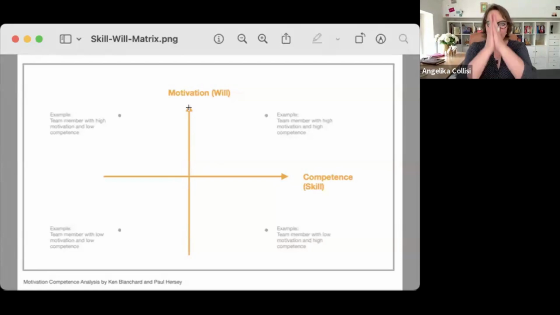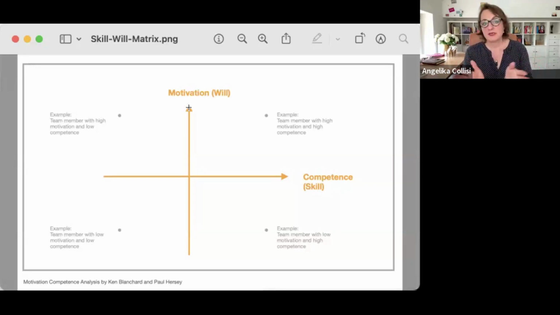On the one dimension, the arrow up, you can see the will, and this is how the skill-will matrix looks. It's one of those classic four-field matrices where, depending on how you assess or observe your individual team member, when you look at how they approach a task or how you see them starting in your team, you can see whether you rank them as high in motivation and will and high in skill, so they have experience, they actually know what to do, how to approach this, or whether they are low in will and motivation for whatever reason, because they're not the natural volunteer to organize the party, and low in competency and skill, because they may have no experience with that, or whatever the reason might be, or any other combination thereof.